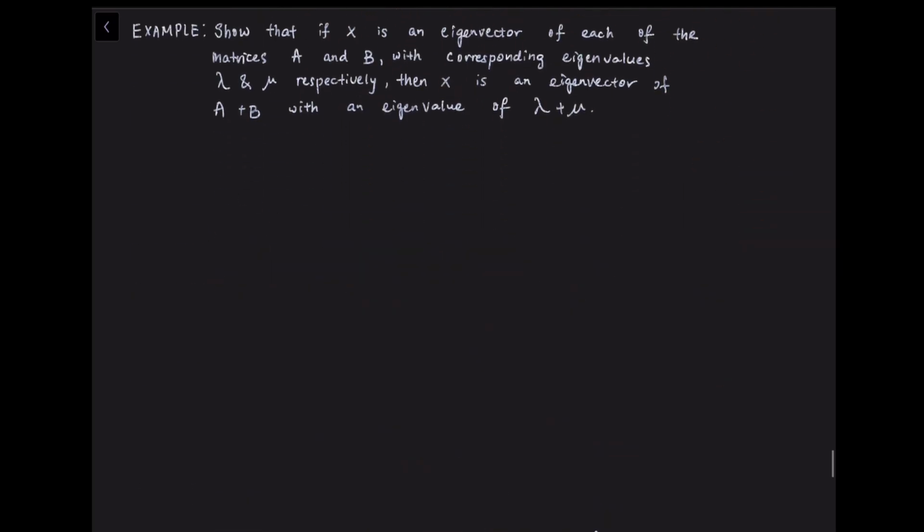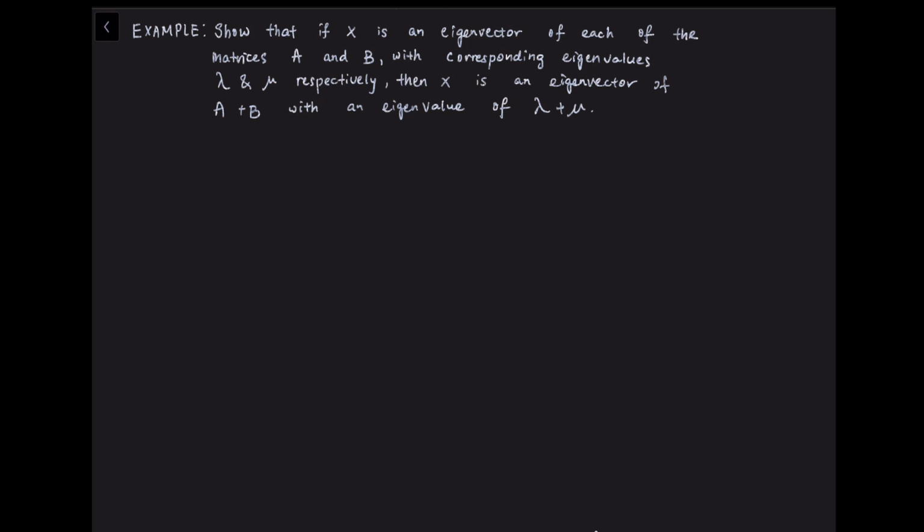Next, we want to show that if x is an eigenvector of each of the matrices A and B with corresponding eigenvalues lambda and mu respectively, then x is an eigenvector of A plus B with an eigenvalue of lambda plus mu.